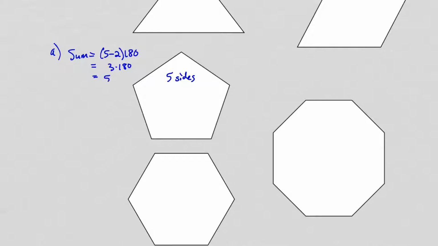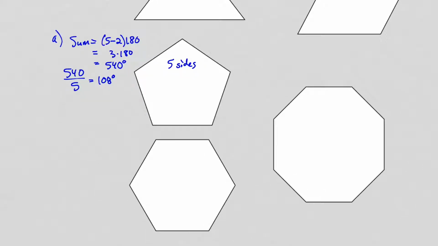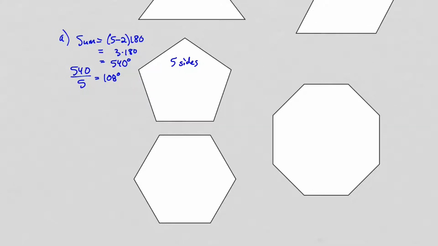That's going to be 540. And then we're going to take that 540 divided by 5. And that's going to give us 108. That means each angle here is 108.